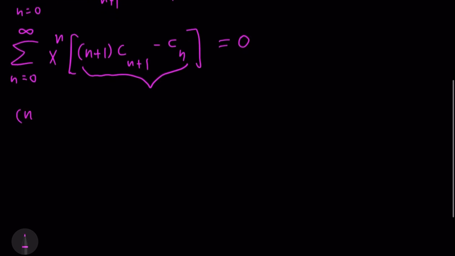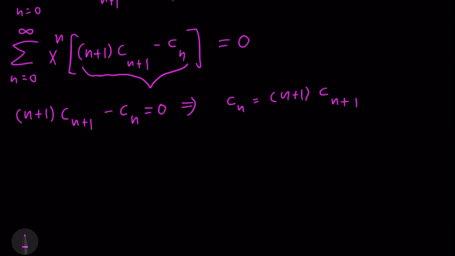So n plus 1 c sub n plus 1 minus c sub n equals 0, which tells us that c sub n is n plus 1 c sub n plus 1. And let's solve for c sub n plus 1, which is basically the next term. So c sub n plus 1 is c sub n over n plus 1.